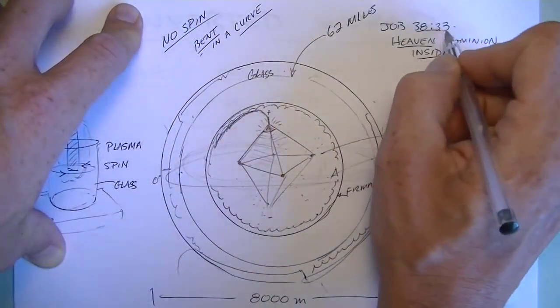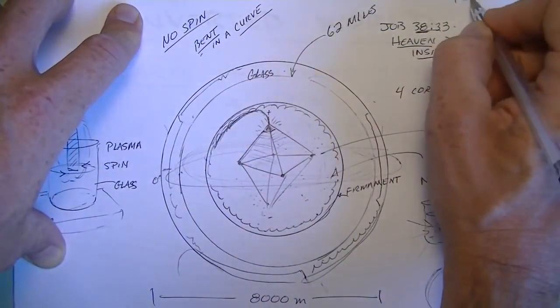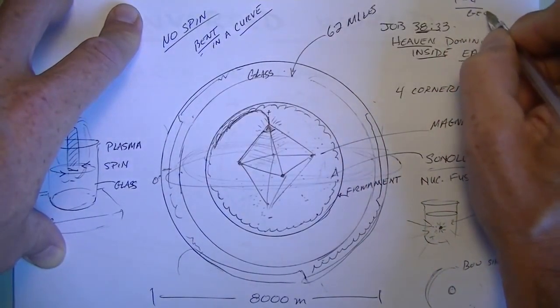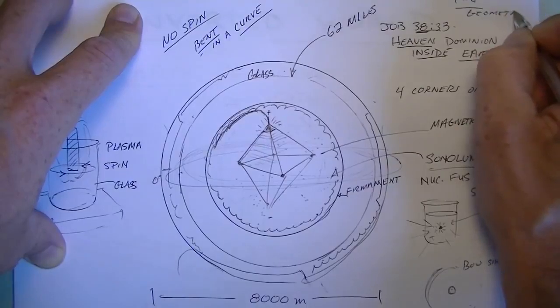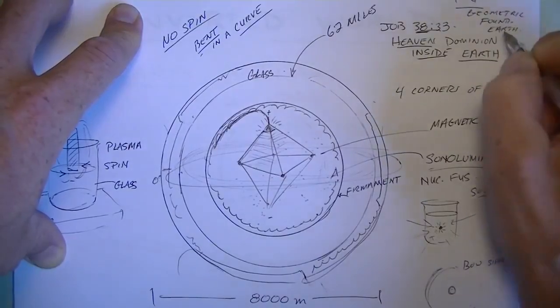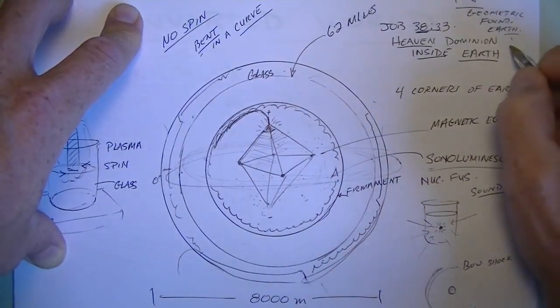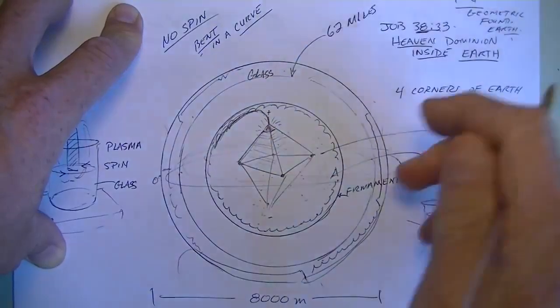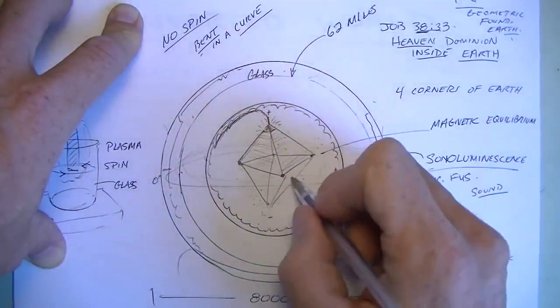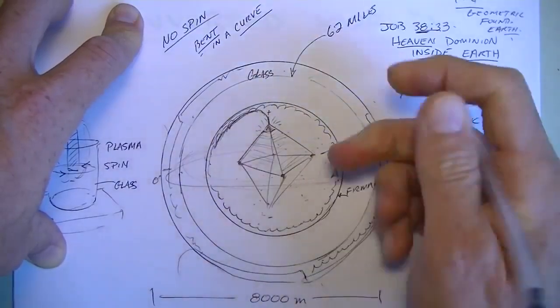Go back to Job chapter 38, verses 1 through 4. It describes a geometric structure when describing the foundations of the earth. And it's also a pyramidal structure because it talks about the cornerstone and it talks about being laid with measures. Okay? That's what's going on, okay?